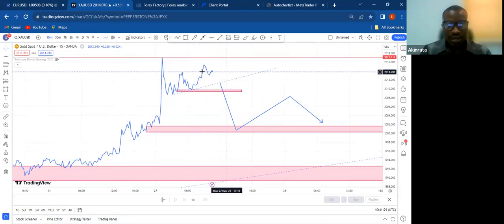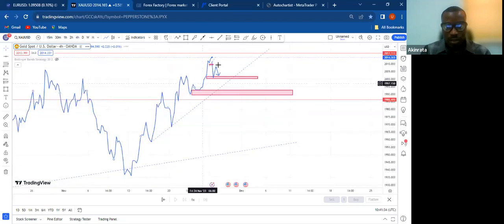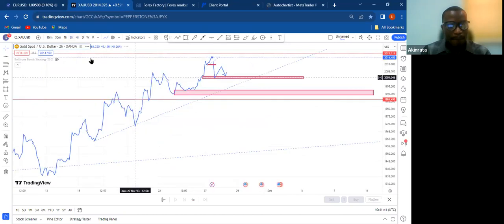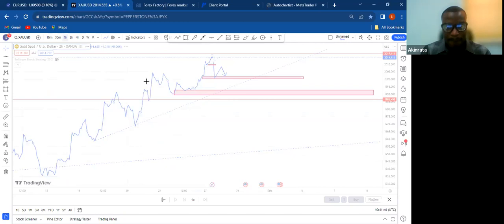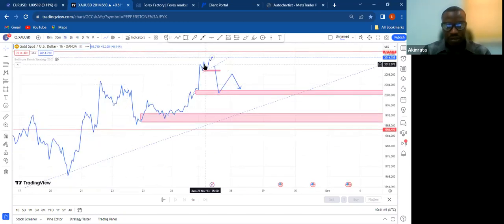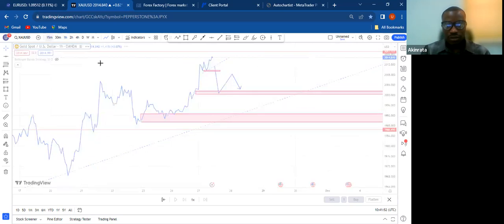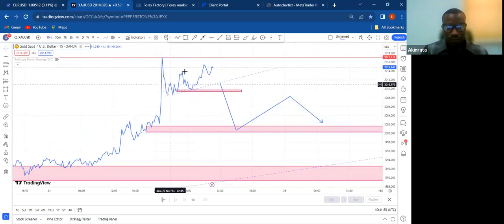Is this a higher time frame resistance? Yeah, these are the higher time frame resistance. So I go to 15 minutes. 1, 2, 3. So everything is still pointing down to here.